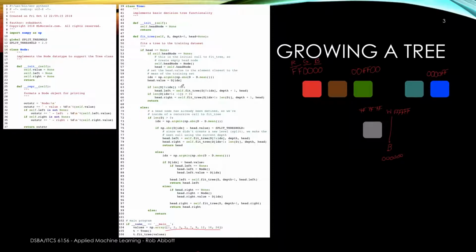And if the length of that set is greater than 0, we call fit tree recursively. And we call fit tree with that subset of data that represents everything to the left of the head node that we've defined. And we're going to the next level in the tree.